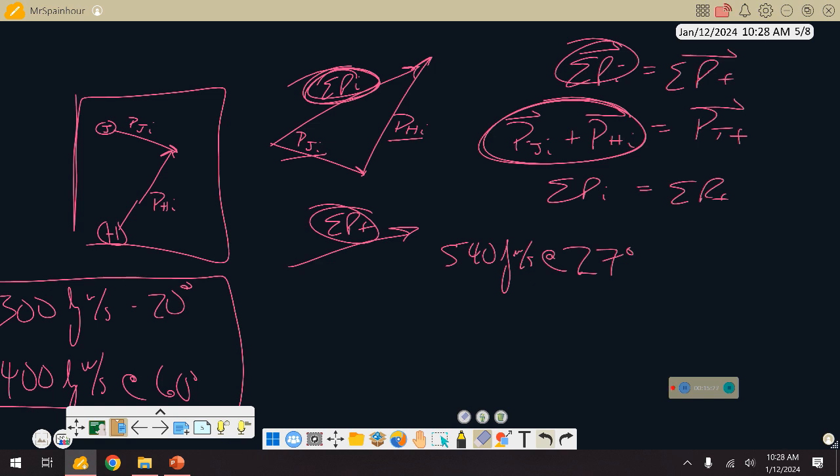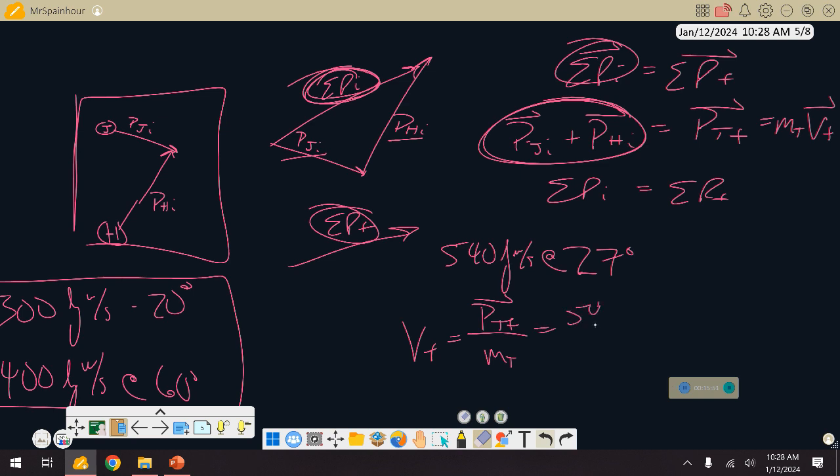Yeah, that's it. Essentially, if the total momentum would equal the mass total times velocity final, right? So velocity final would equal the momentum total final divided by mass total, just some basic algebra over here.